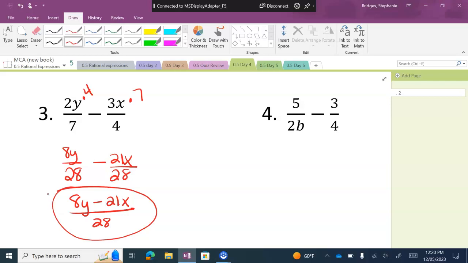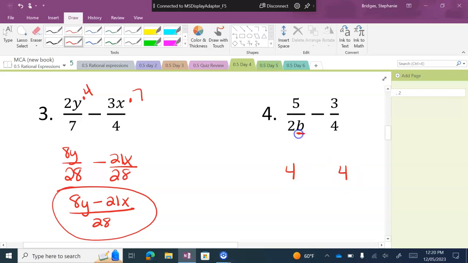All right. Now 4 is slightly different because it does involve a variable. In order to have a common denominator, because one denominator has a variable in it, your common denominator is also going to have a variable in it. So let's think about the numerical parts of it only. Between 2 and 4, what is a common denominator for 2 and 4? 4, okay.